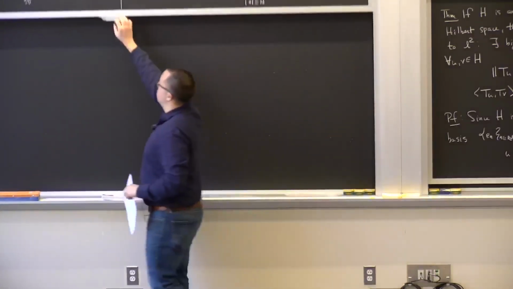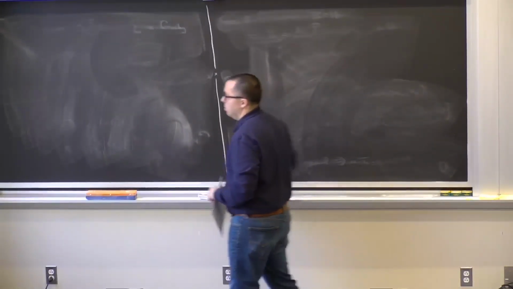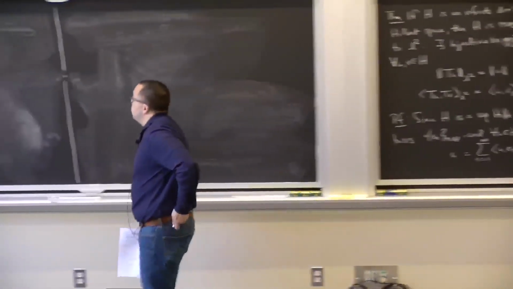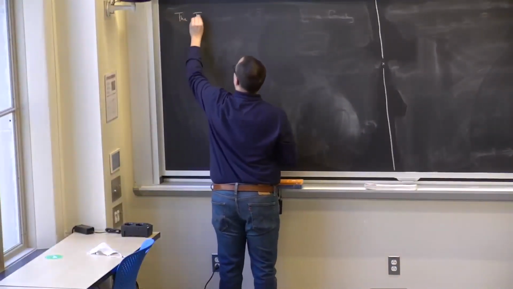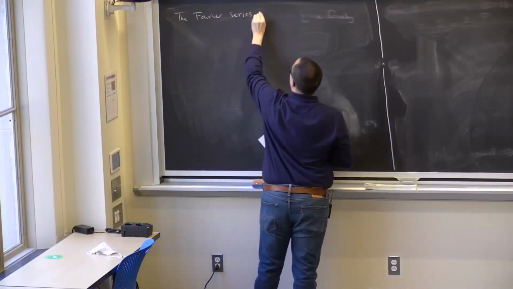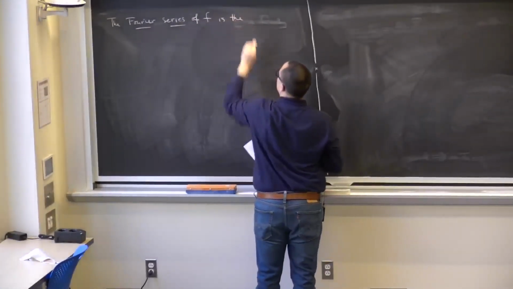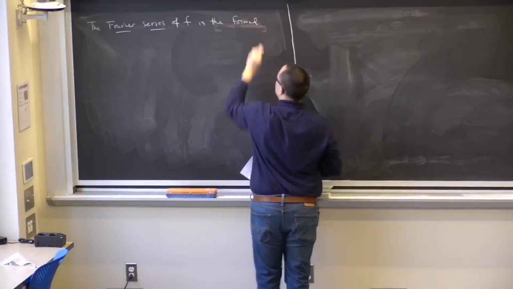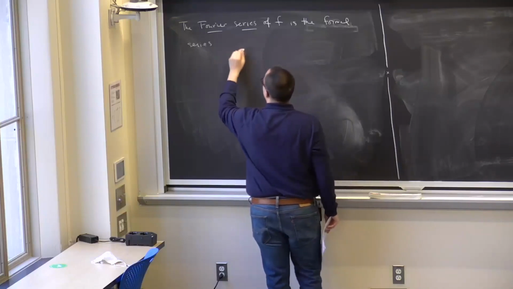Okay, and we also associate to a function f a formal object, the Fourier series of f, which is the formal series, because we are not making any claims about its convergence at all.